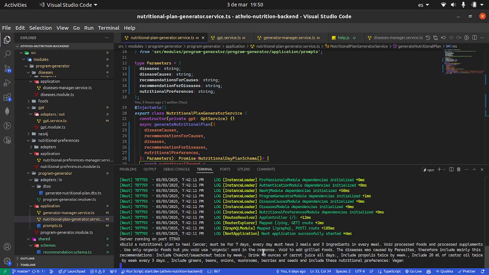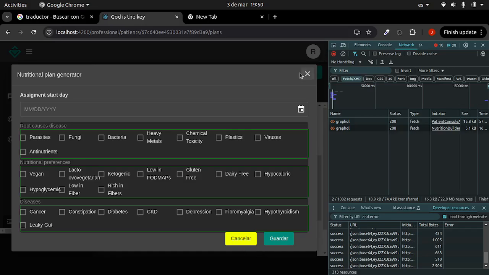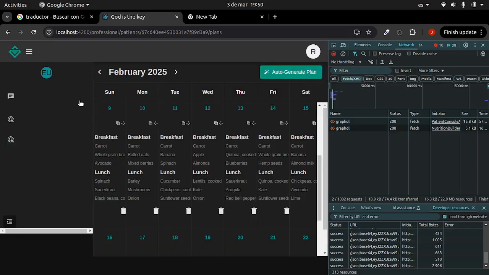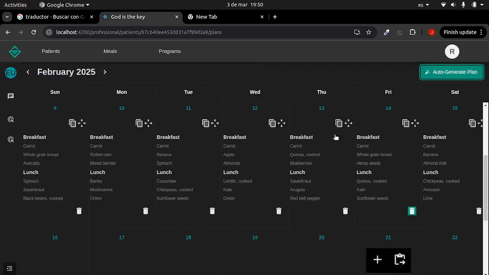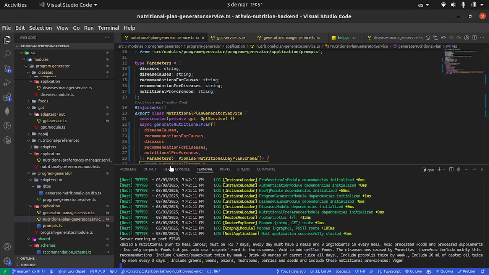It is because sometimes when I was running some tests, for instance here, ChatGPT wrote carrot, organic carrot, mixed berries, spinach, almonds, blueberries, organic blueberries, organic almonds, organic spinach.